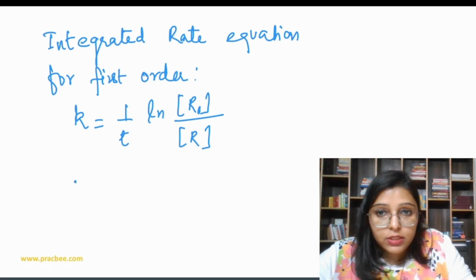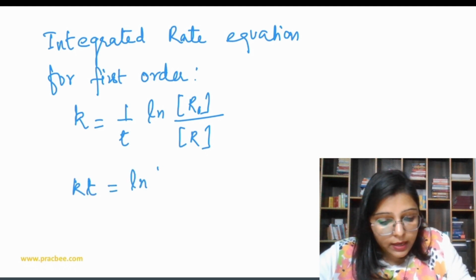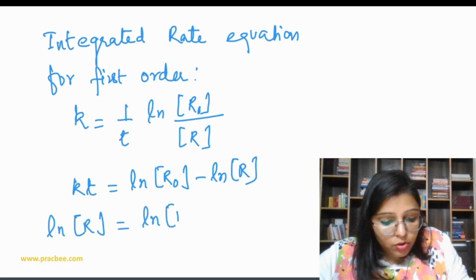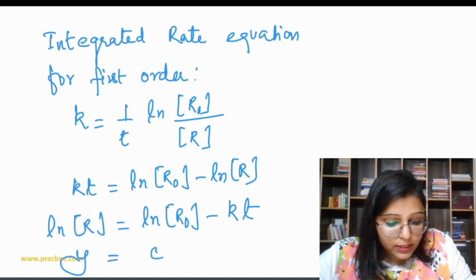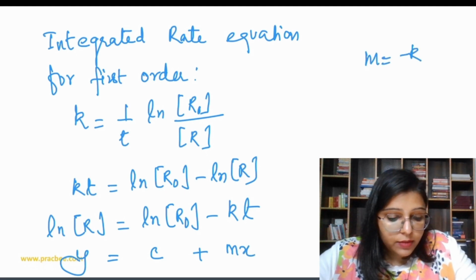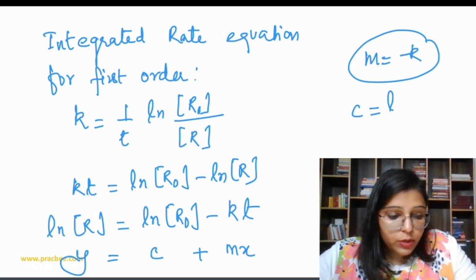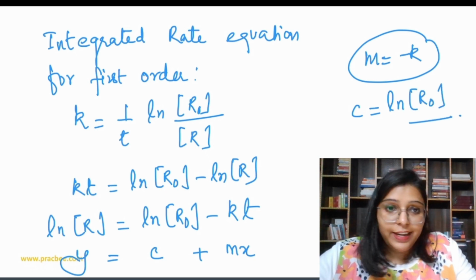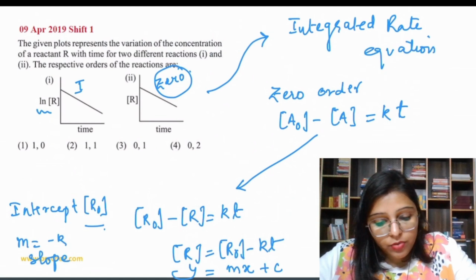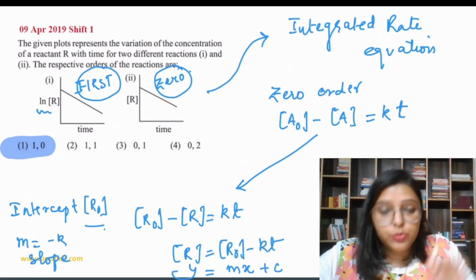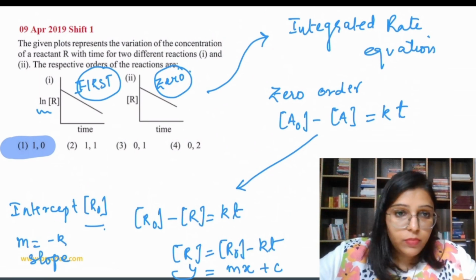So if I solve this completely, I get Kt equals ln R naught minus ln R. So ln R is equal to ln R naught minus Kt. So this is y, this is c, and this is mx. Again slope is minus k, negative slope, and intercept value is equal to ln R naught. So this equation is for first order reaction. So answer is 1 and 0. Option number 1 is the correct answer.